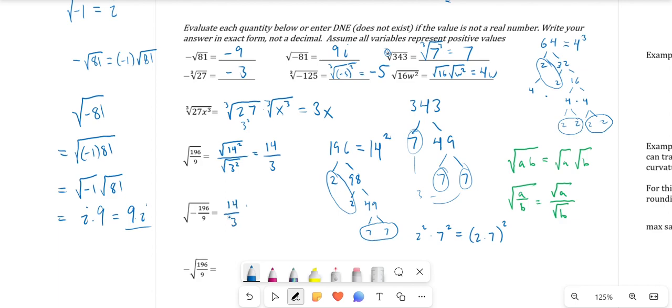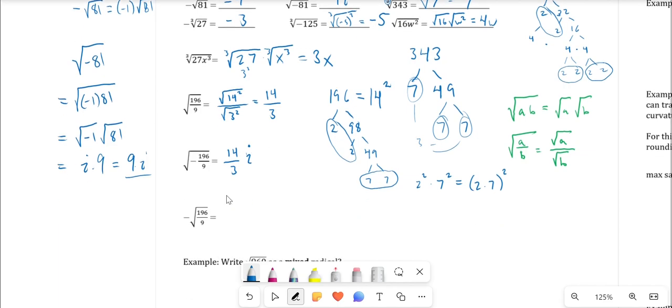Well, it's still going to be 14 over 3, but now we're also multiplying that by the square root of negative 1, which is called i. This one has the minus sign on the outside. If it's on the outside, well, then we'll just do it afterwards. This just says negative 1 times this thing. So negative 1 times 14 over 3, which is negative 14 over 3.